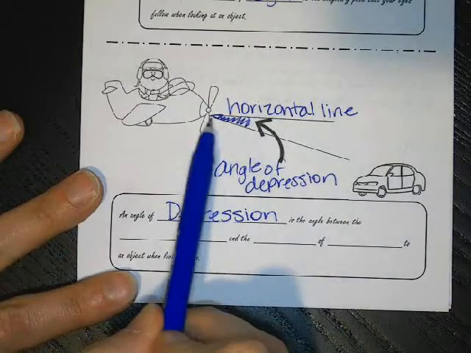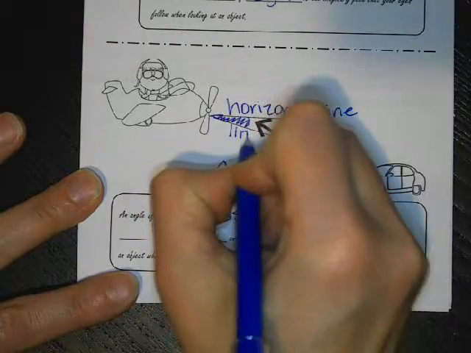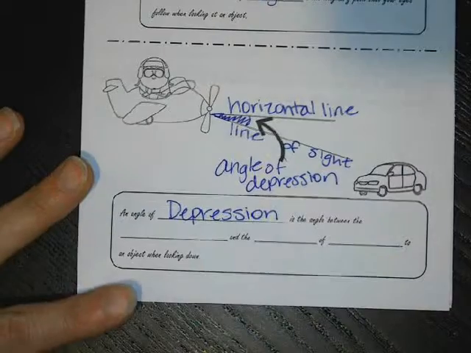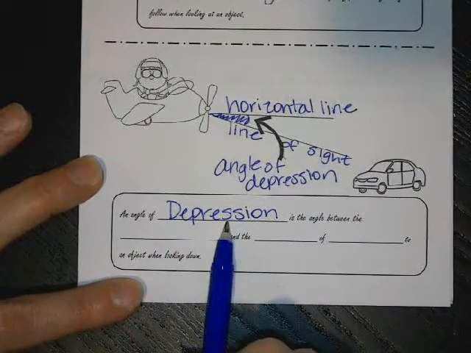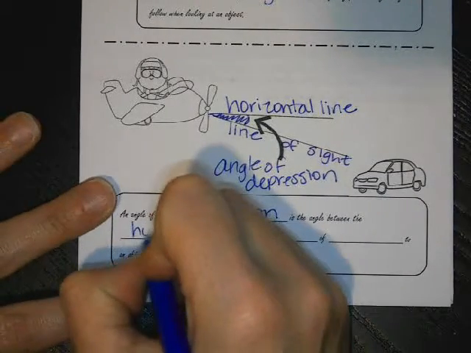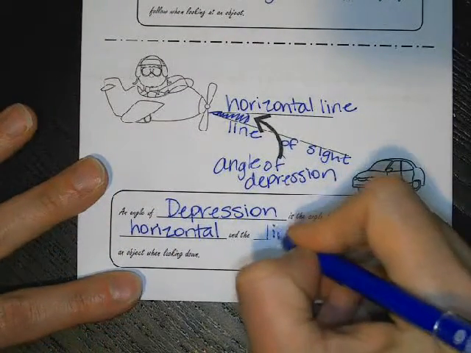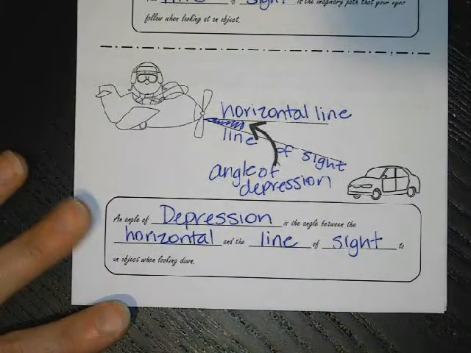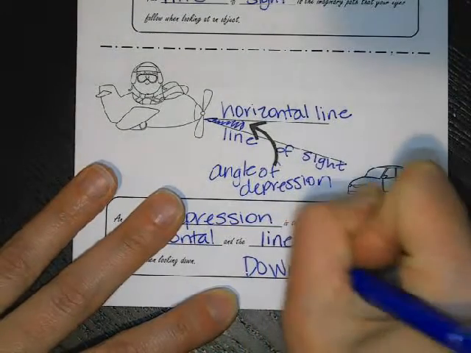And then lastly, we've got this line here from the airplane down to the car, and that's going to be our line of sight. Okay, so an angle of depression is the angle between the horizontal and the line of sight to an object when looking down. Okay, so depression means we're looking down.